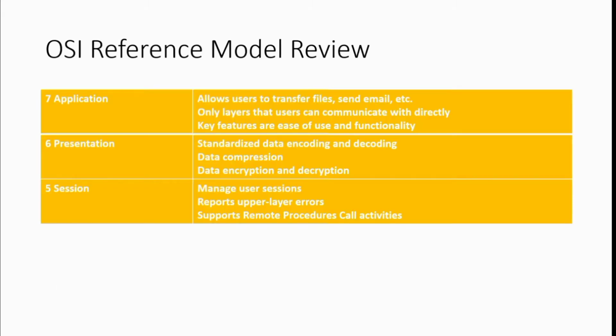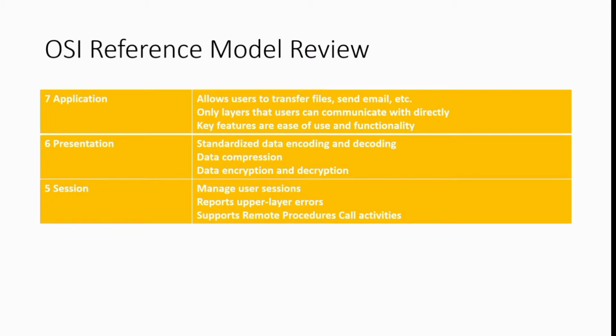OSI Reference Model Review. First, application. Allows user to transfer files, send email, etc. Only layer that user can communicate directly. Key features are ease of use and functionality. Next, presentation.